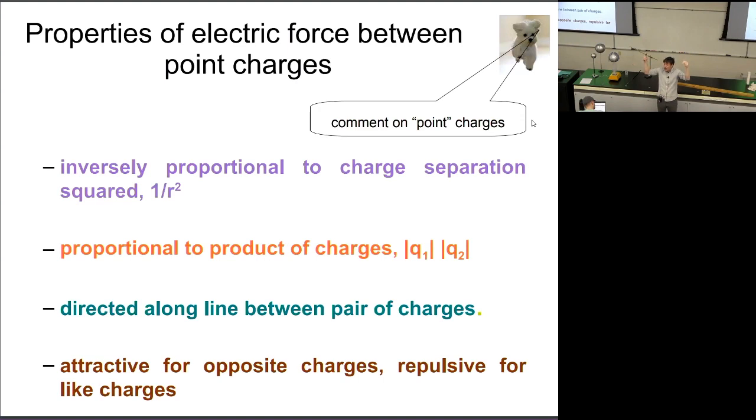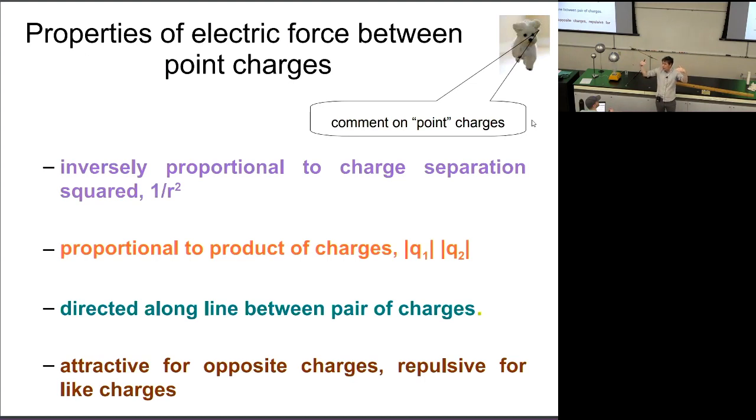Now, if the charges are opposite charges, so one's plus and one's minus, then it's a force of attraction. So it's along the line towards the other charge. If the charges are like charges, so that might be two positive charges or two negative charges, then it's a repulsive force. So again, it's along the line, but away from the other charge.